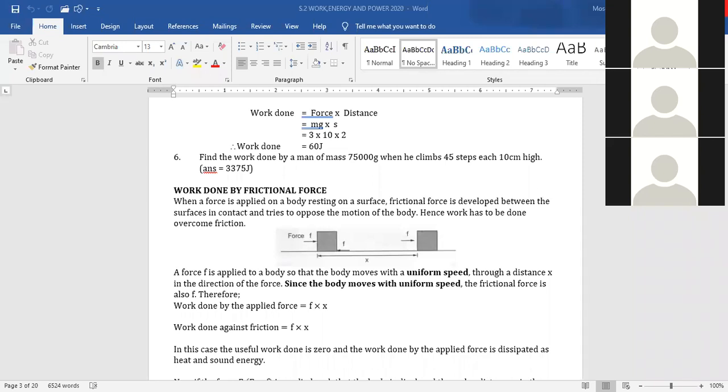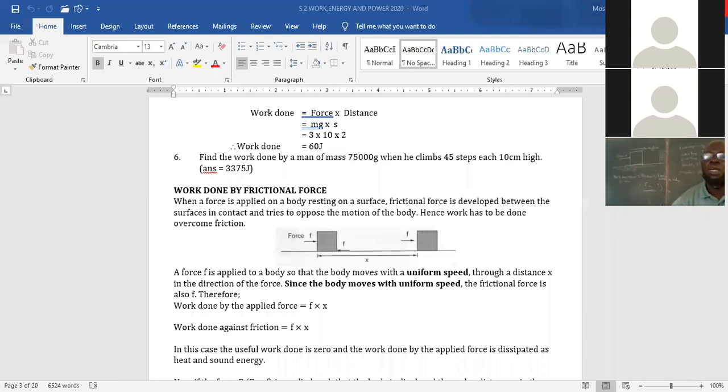Okay, so that work done is always given out. That is what we mean by the word dissipated. It is transformed into heat and sound energy. That's why we always say that friction results into unnecessary heat and sometimes sound.